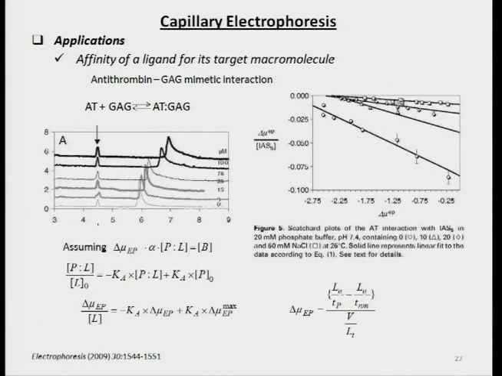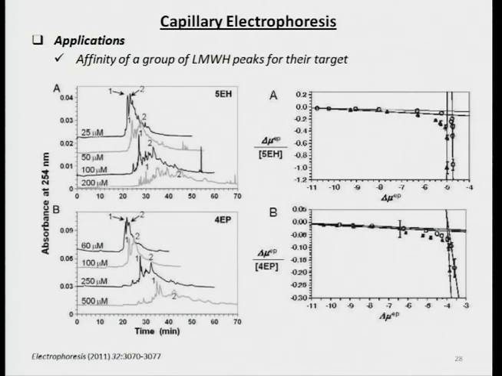And then you can take this even one step further. For example, here is a mixture of GAGs. These are low molecular weight heparins, and in these there is, for example, peak 1 and peak 2, and you can follow the interaction of these individual peaks with different ligands. And you can do similar analysis.